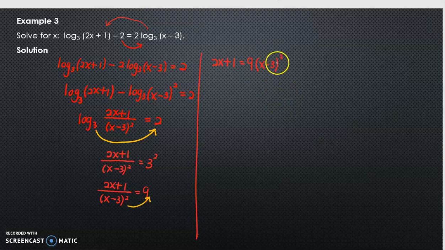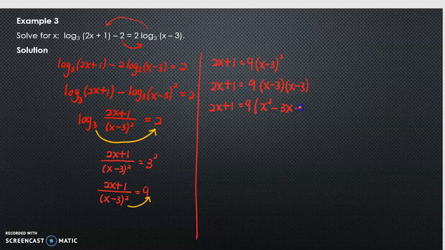Next, we need to expand. So this is how we expand. So you have to remember, we put (x minus 3)(x minus 3), times 9. So now I start to expand. x times x, x squared. x times negative 3, negative 3x.